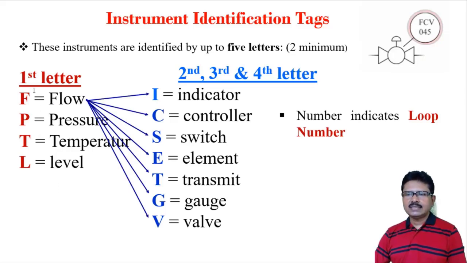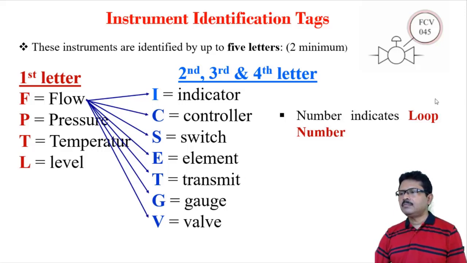Normally the first letter always indicates the different parameters to be measured. This is flow, pressure, temperature, level. The second, third and fourth letters might indicate indicator, controller, switch, element, transmitter, gauge, valve, etc.